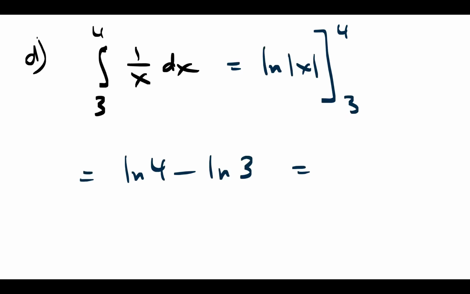Can you write that in any simpler form? Even though ln of 4 minus ln of 3 is correct, is there more? Look at my log rules.